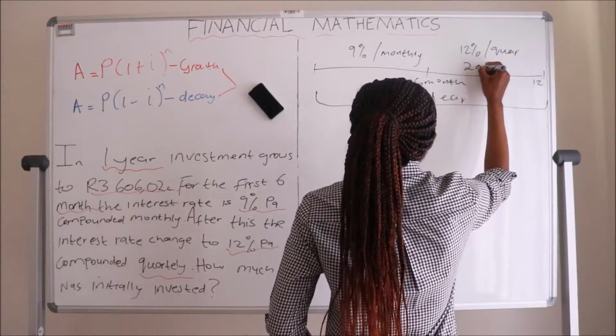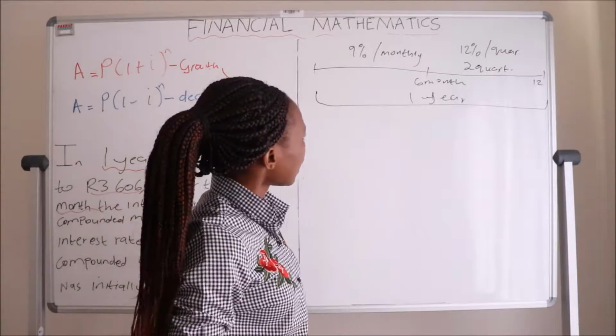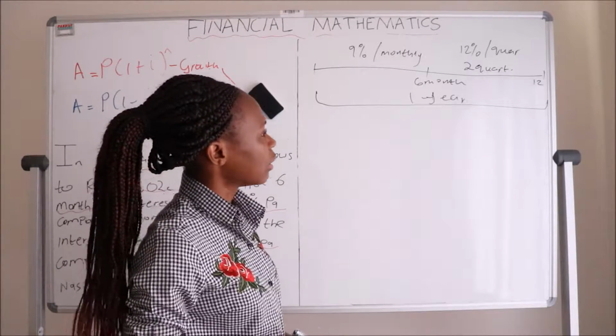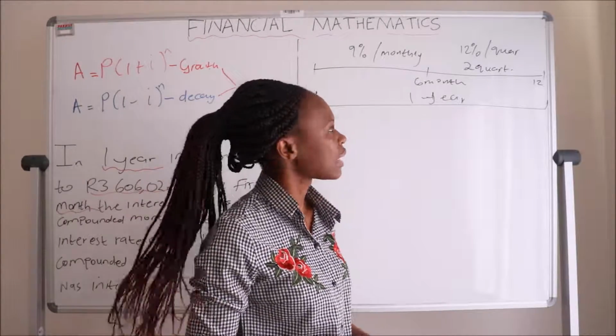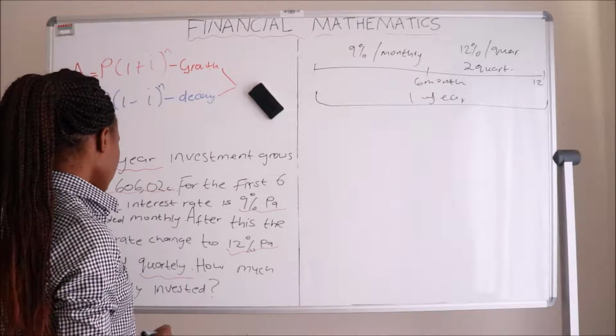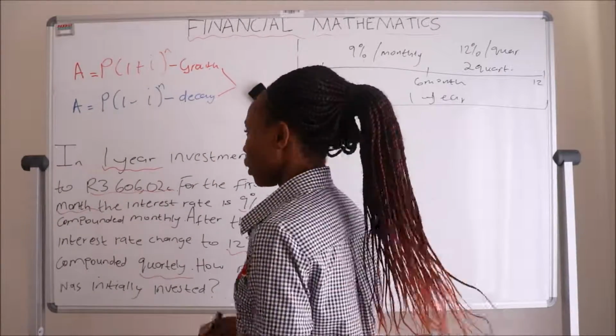So the first 6 months is 9%, and the last 6 months is 12% compounded quarterly. Then it says we must find the initial investment, which is the principal amount.